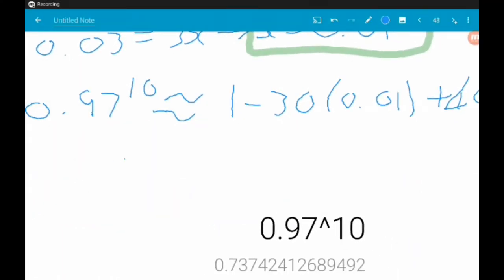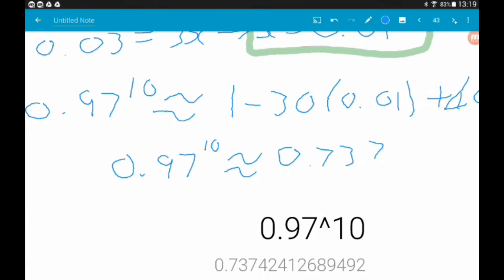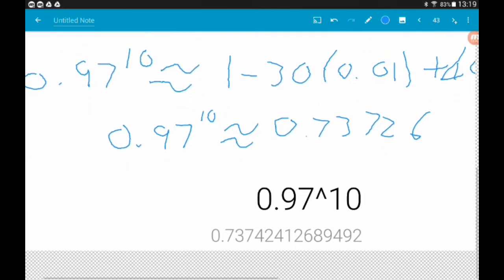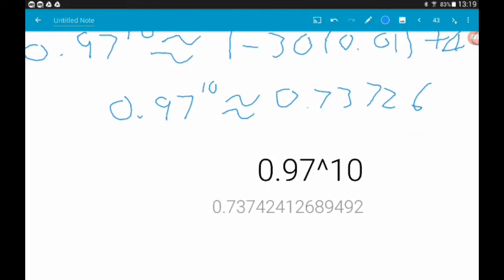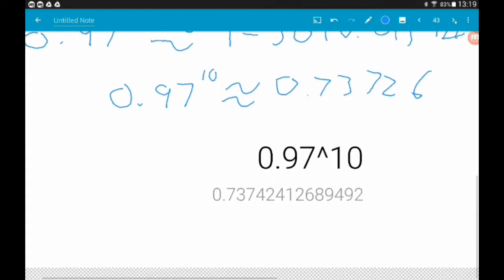Okay, so we get our approximation of 0.97 to the power of 10 to be approximately 0.73726. Now if we look at the exact or the calculator value, you can see this approximation is less accurate than the one we did in the first question.